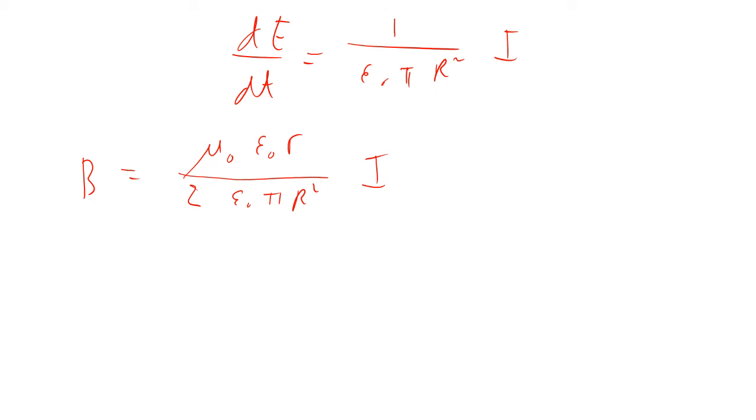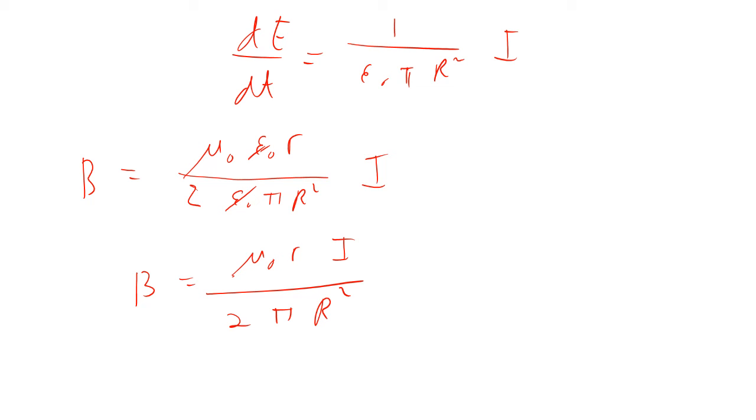The epsilon naughts cancel. And so what we have here is B equals mu naught r I over 2 pi R squared.